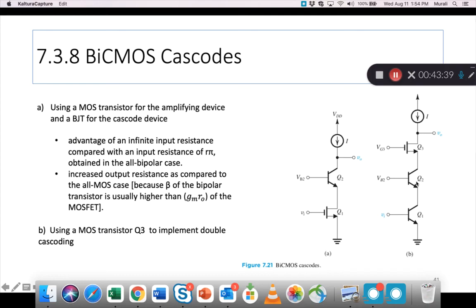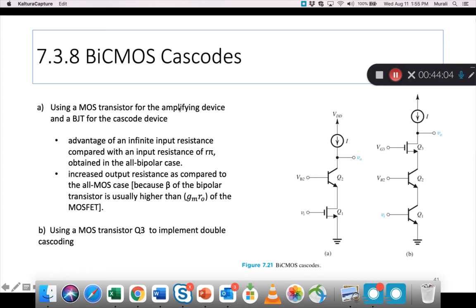Double cascoding is just not possible with BJT, but if the second cascode transistor is a MOSFET, then it's possible. So both are shown here as examples of what is possible with this new technology, BiCMOS. We don't do too much with this. I just thought I'd mention it because it's in the last topic within cascoding.